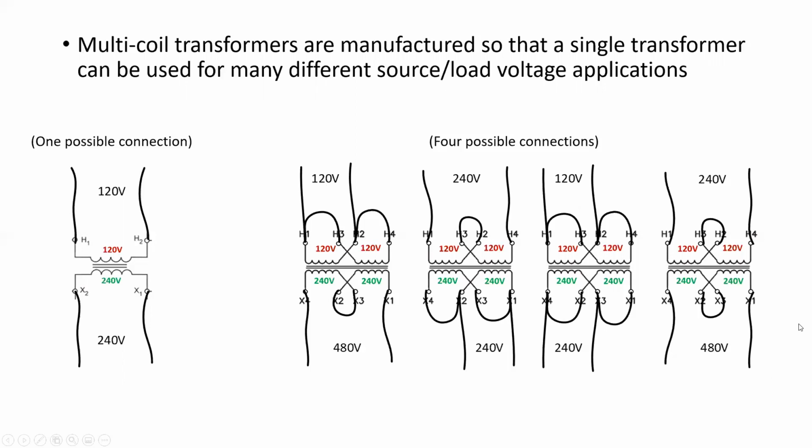You have 4 possible different connections, and that offers a significant increase in usability and also a reduction in cost because the manufacturer has now only made 1 transformer for 4 different customers.